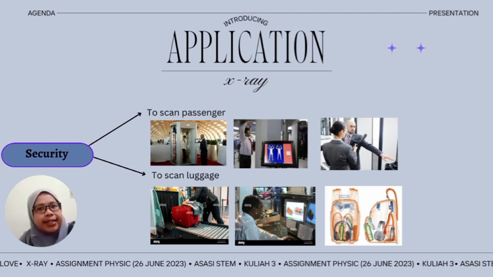When used for luggage, the machine has a detector that detects the X-ray after they pass through the object. The X-rays are then sent through a filter which filters out the lower energy X-ray, while the high energy X-rays are detected by a second detector.